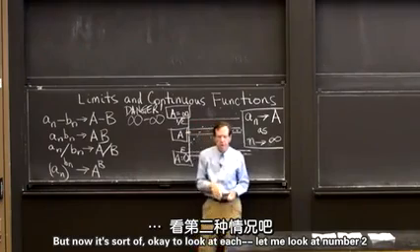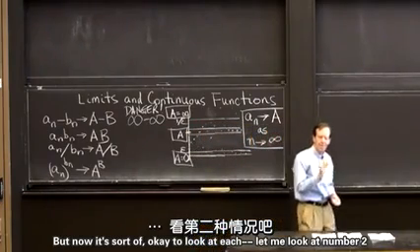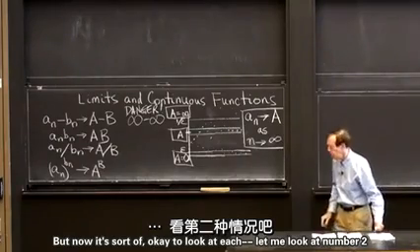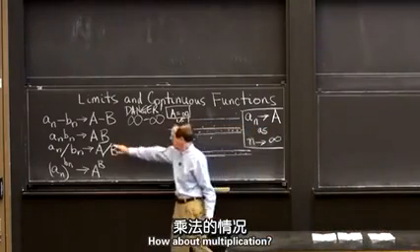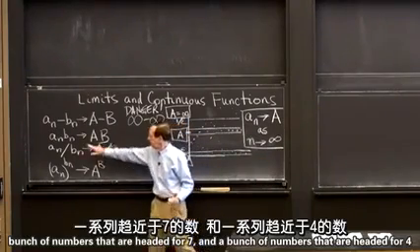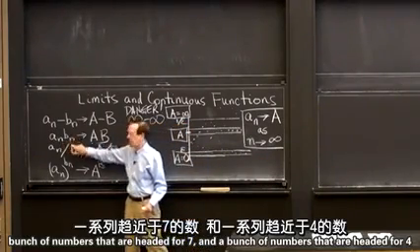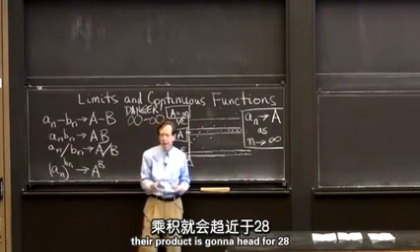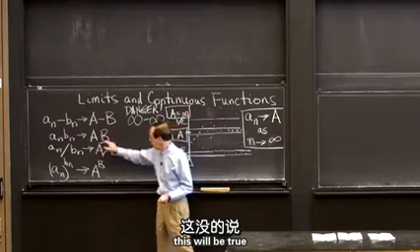But now it's sort of okay to look at each. Let me look at number 2. How about multiplication? If I multiply a bunch of numbers that are headed for 7 and a bunch of numbers that are headed for 4, their product is going to head for 28. This will be true.